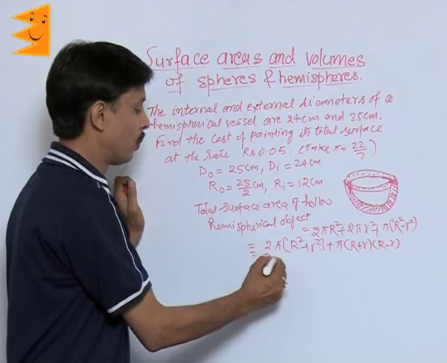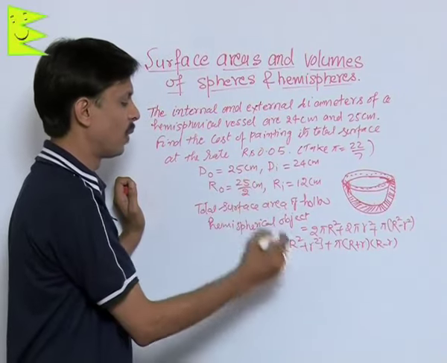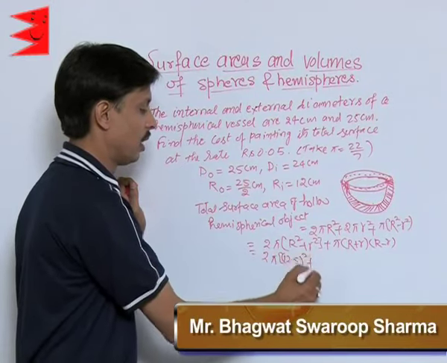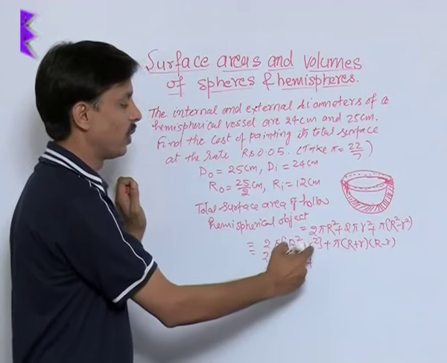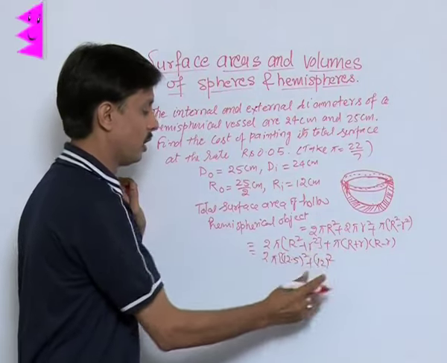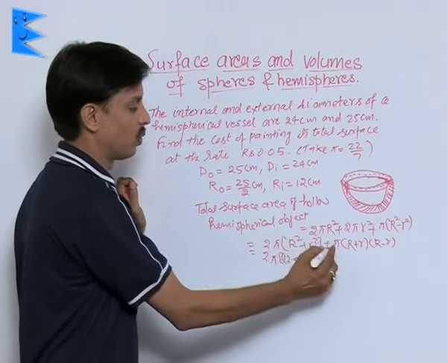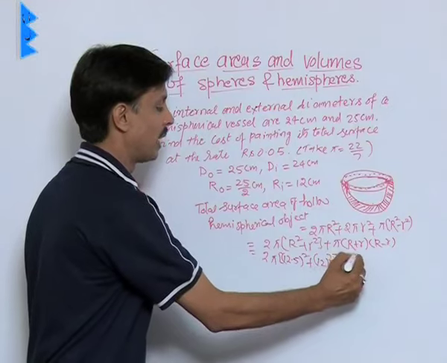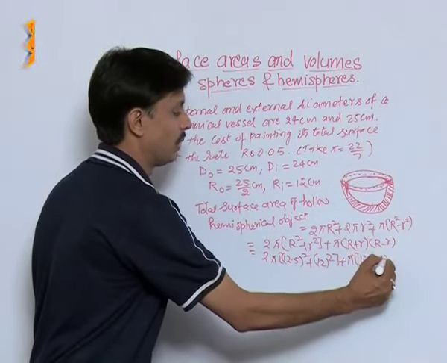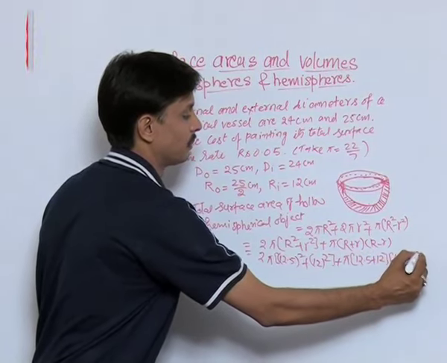This becomes 2 pi into r square, that is (25/2) = 12.5 whole square, plus the internal r square, you can say it is 12 whole square. So this becomes 2 pi into (12.5 square plus 12 square) plus pi into (r plus r), 12.5 plus 12, into (12.5 minus 12).